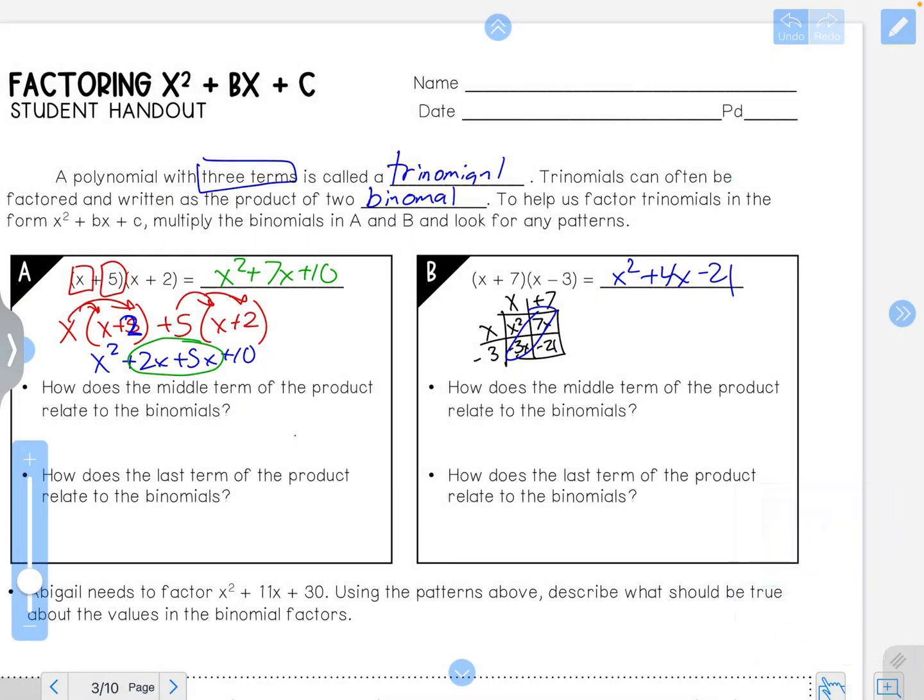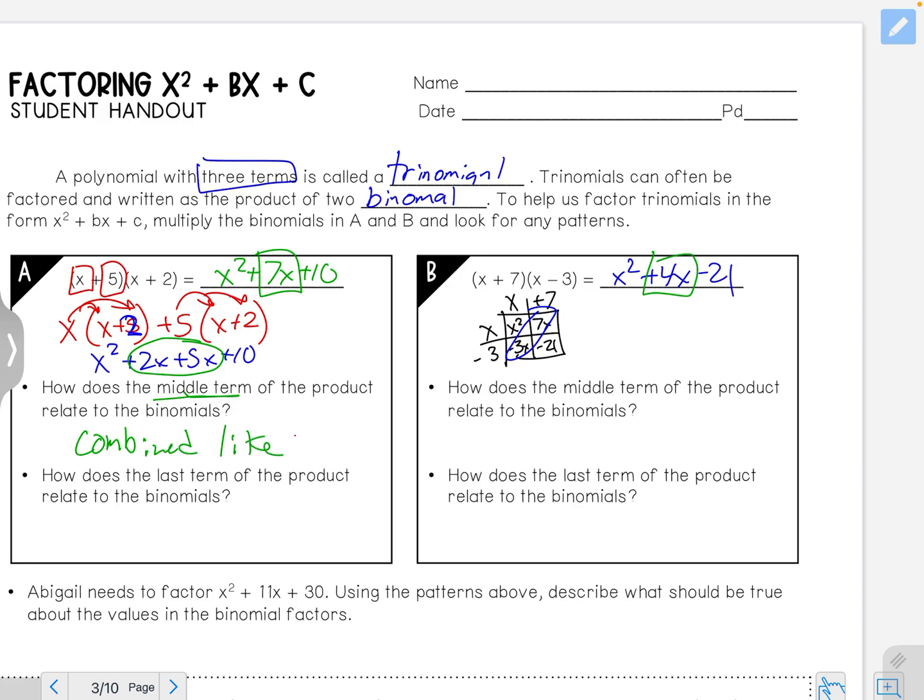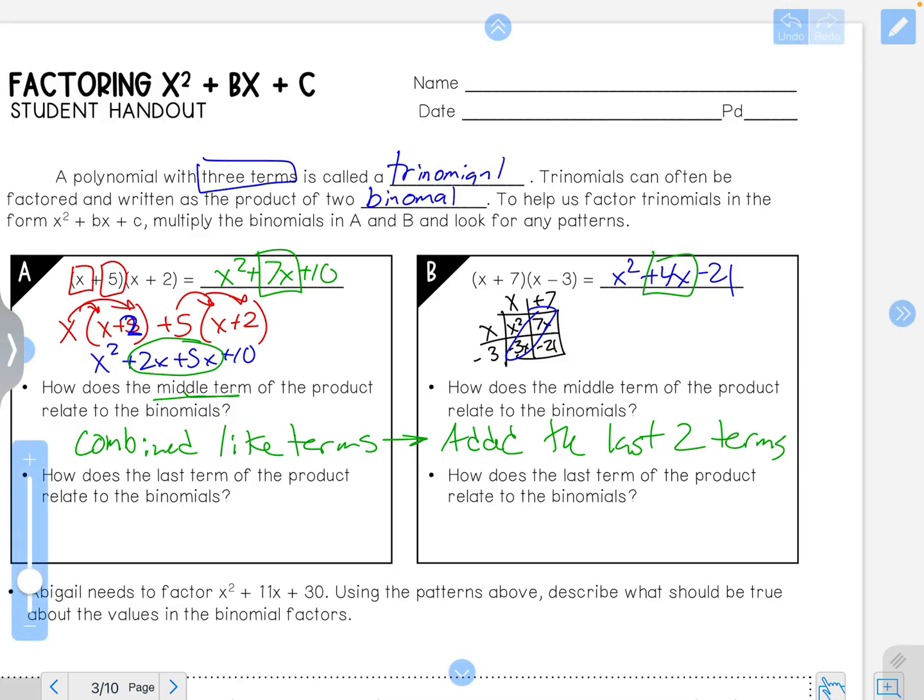So if we notice in both of these, the way we get the middle term, which in the first one is 7x and the second one is 4x, is we combined like terms, which were we added the last 2 terms of the binomial.